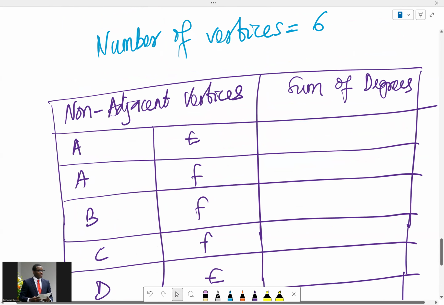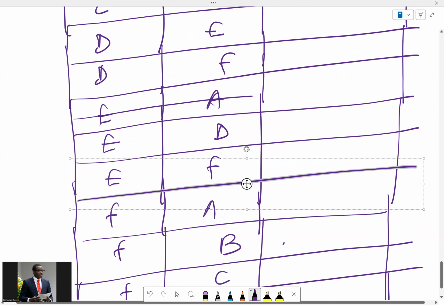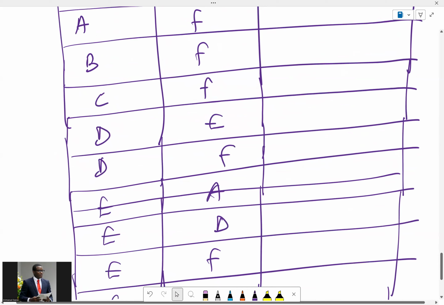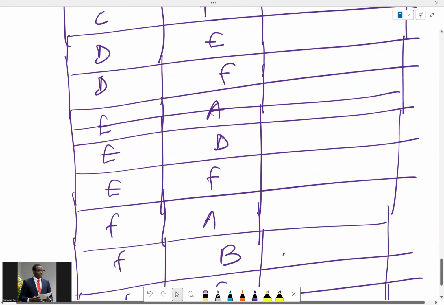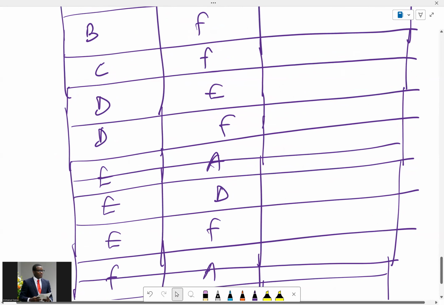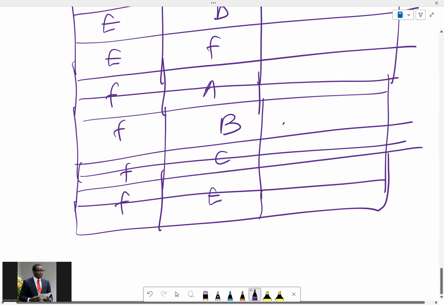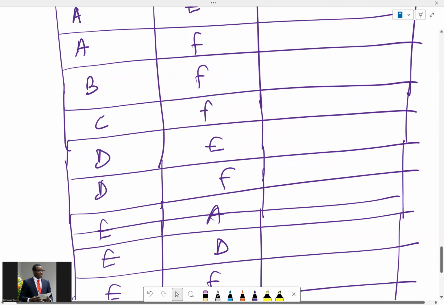So we already have AE. If we have EA again, we can cross it out. Then we have AF already, so if we have FA, it's the same. We have CF, so if we have FC, we can cross it out. We already have EF, so if you have FE, we can cross it out.